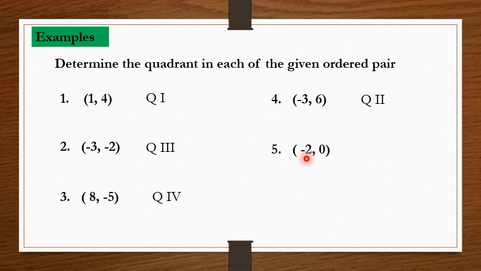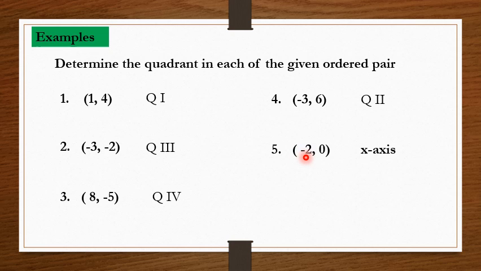Negative 2 for x and 0. As you can see, we have 0. So in the case where we have 0, that is from the origin. Therefore, the answer is x-axis. Why is it x-axis? Just because we have the number for the x-axis.